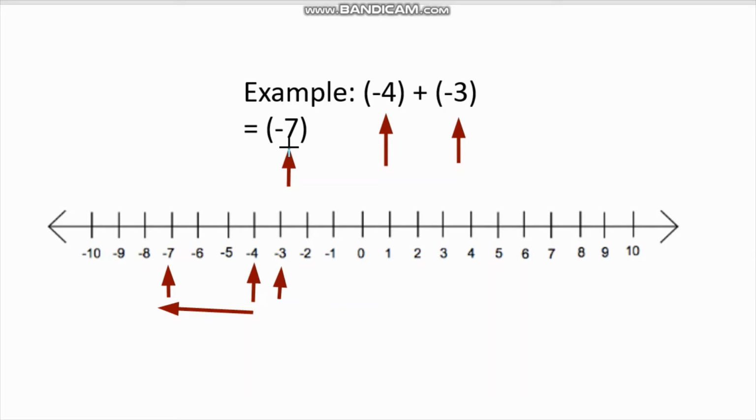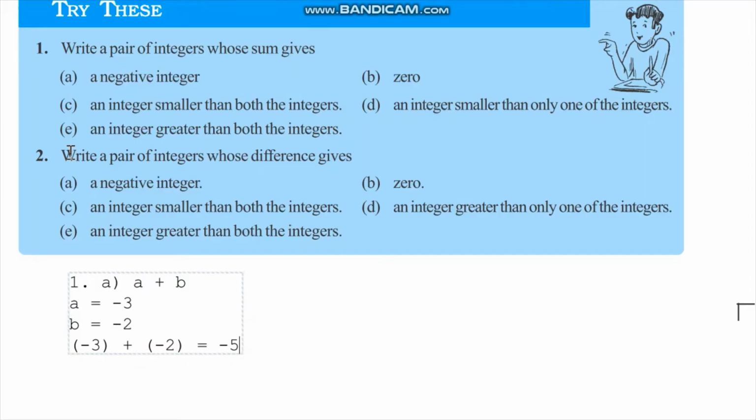When you have a debt of 7 rupees, that is, when you have minus 7 rupees with you, it means that your net worth is lesser than the situation where you had minus 4 or minus 3 rupees. So for C, you can use that example where the sum of the pair of integers gives you an integer that is smaller than both the integers.